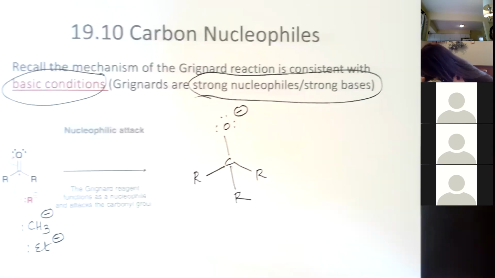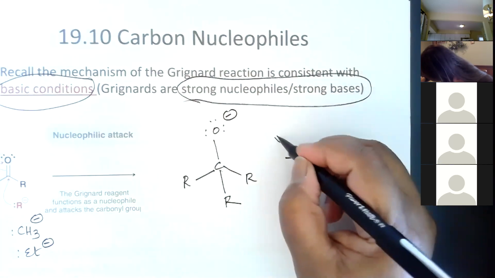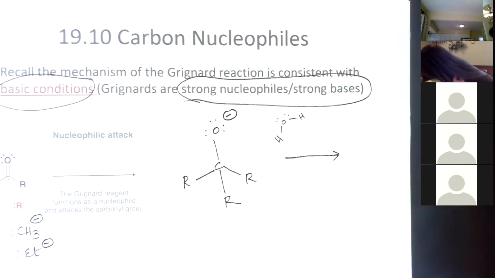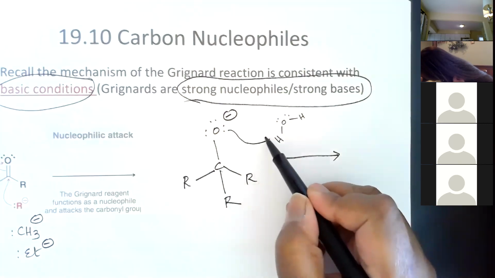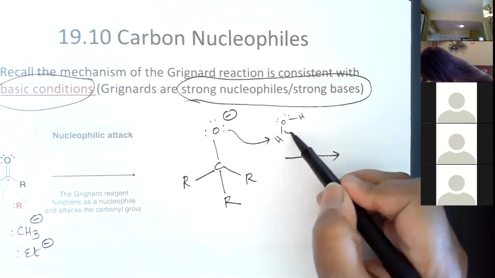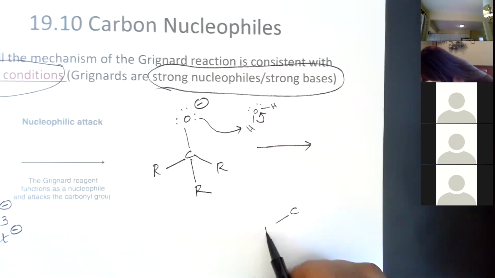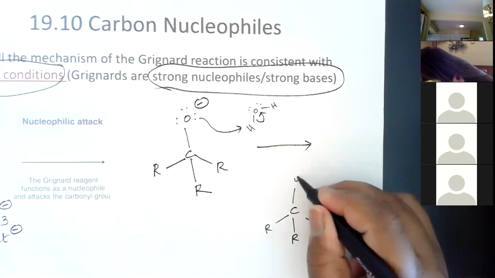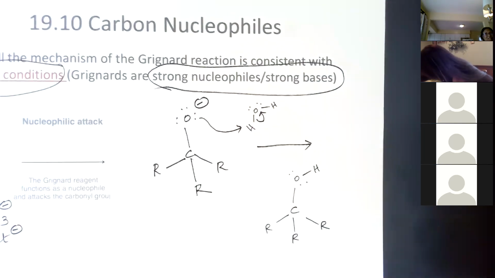Another R group. Okay, and then you bring the water in. If it's a ketone, you'll always get a tertiary alcohol. Okay.